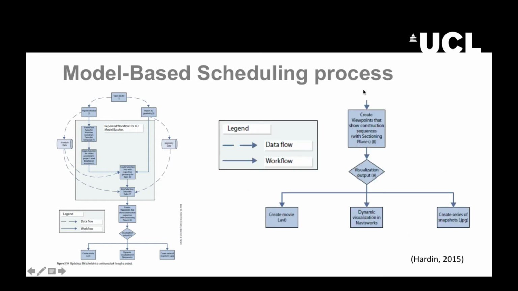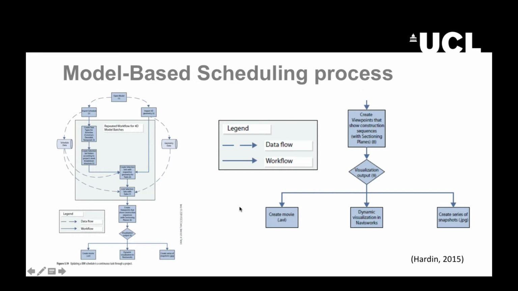The second part of the process is more oriented to the visualization. So we can create different viewpoints that show different construction sequences which are interesting from a planning perspective. And finally, which is probably the most powerful advantage that we can achieve through model-based scheduling, is the visualization.